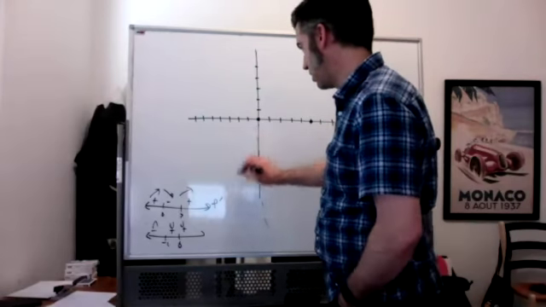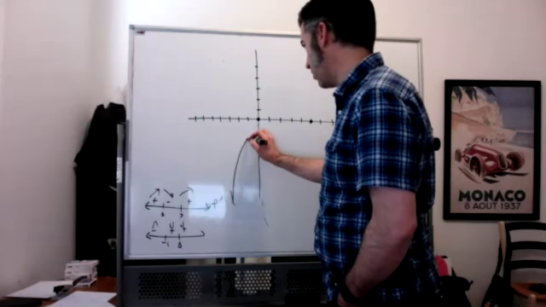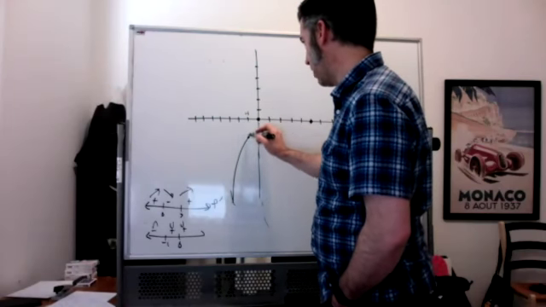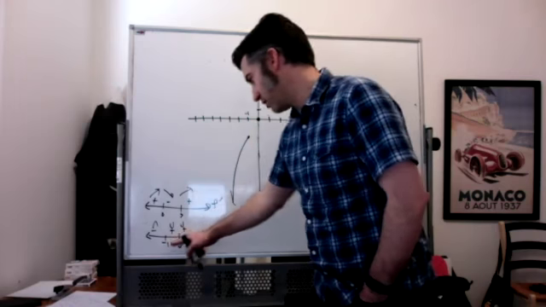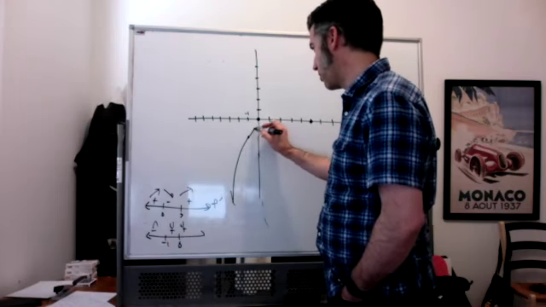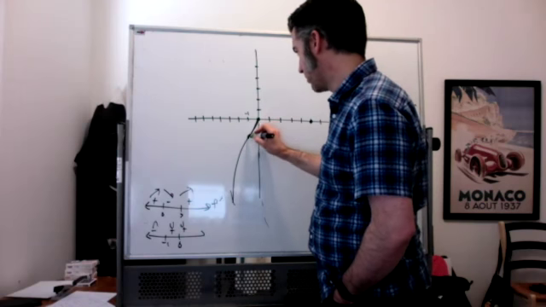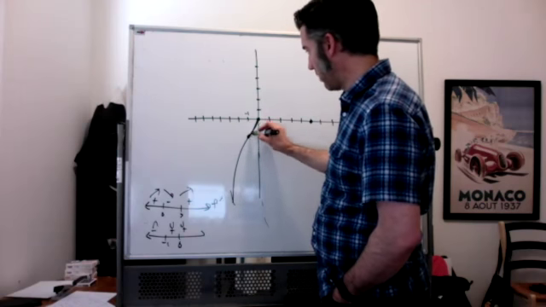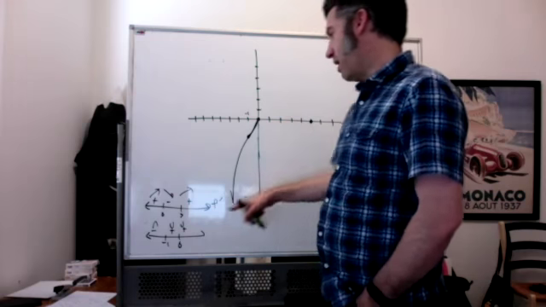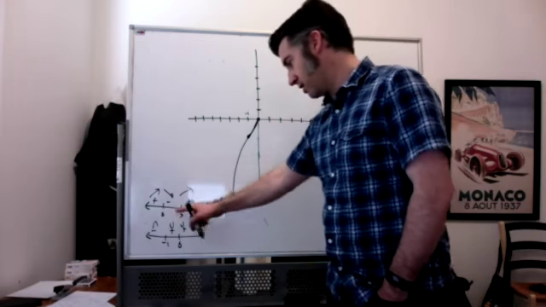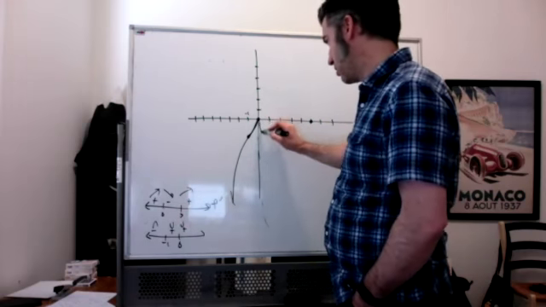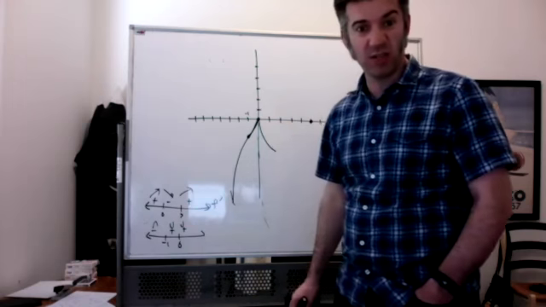Basically it's concave down until you get to -1, and then from -1 to 0, it's concave up. You guys can kind of see that, right? The concavity changed. And then after 0, it's going down and it's concave up. So there's this whole change of direction.